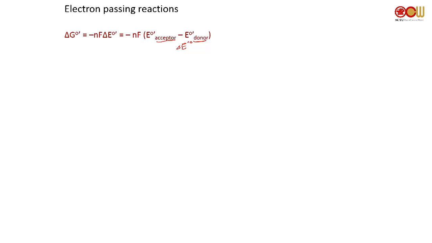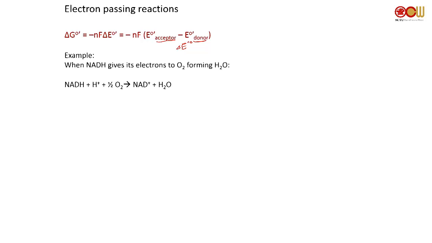F is a constant, the Faraday constant, and n is the number of electrons passed. So here's an example.